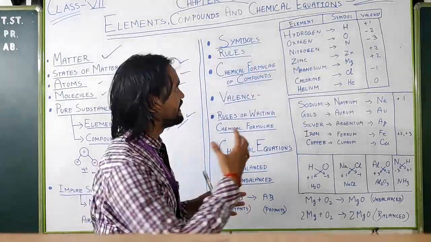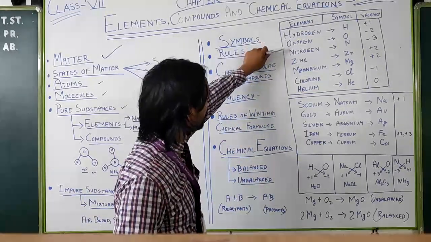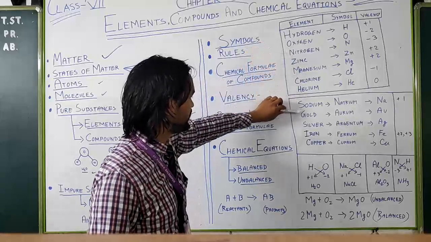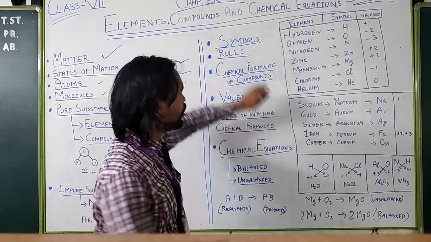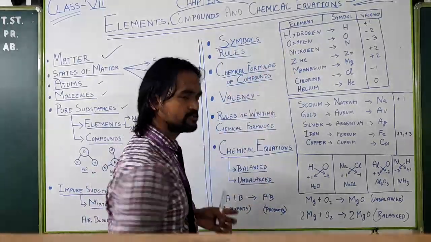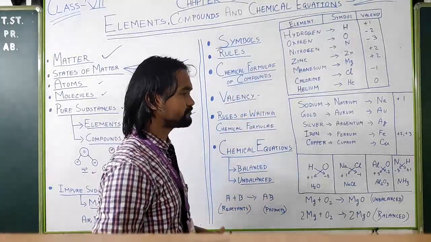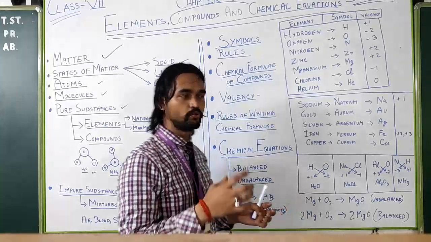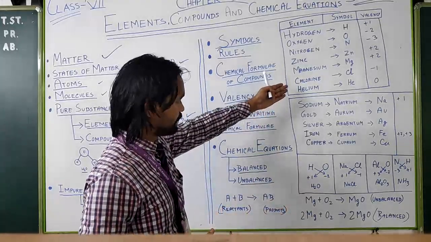That means spelling mistakes. Hydrogen, oxygen, nitrogen, zinc, magnesium, chlorine, helium, sodium, gold, silver, iron, copper, all these elements, if we write in spelling form, in word form, it will take much time, and there are a lot of chances of spelling mistakes.